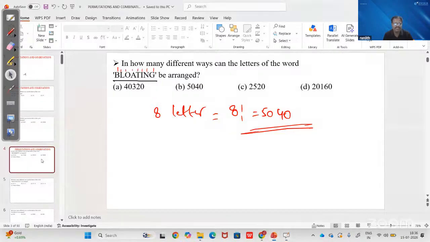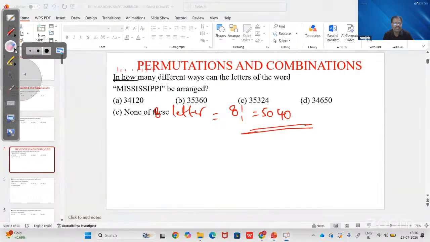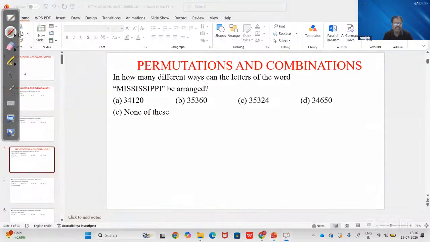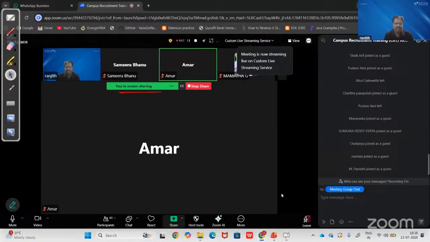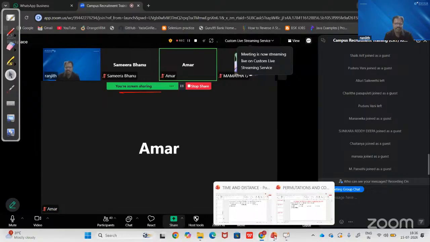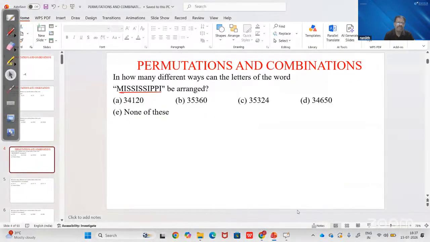Next. In how many different ways can the letters of the word MISSISSIPPI be arranged? How many letters are in the word MISSISSIPPI? Total we are having 1, 2, 3, 4, 5, 6, 7, 8, 9, 10, 11. 11 letters will be 11 factorial.